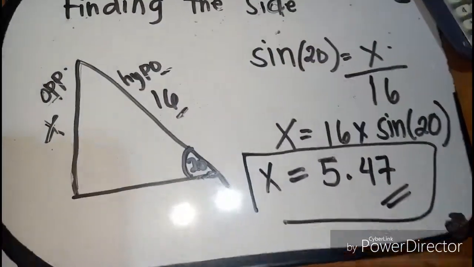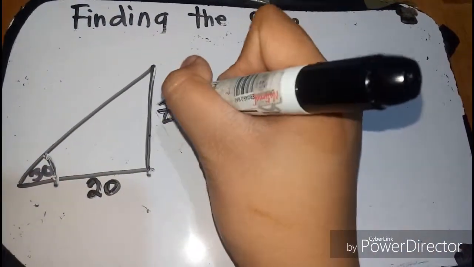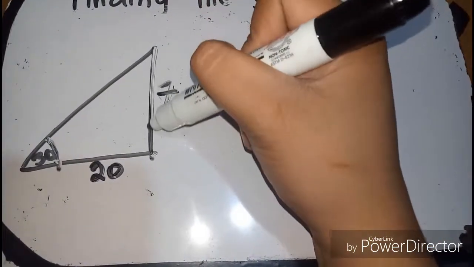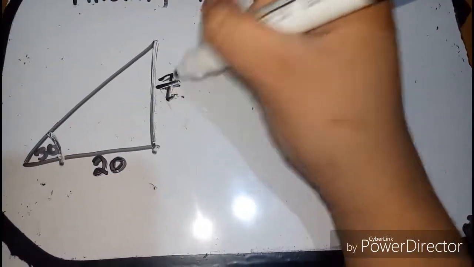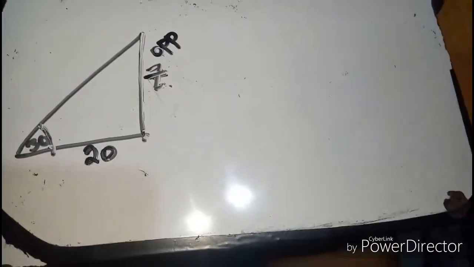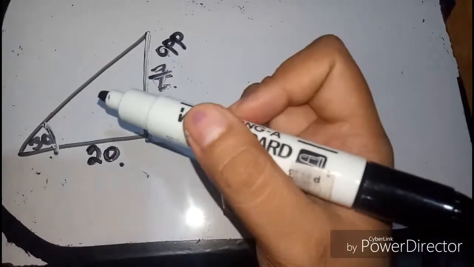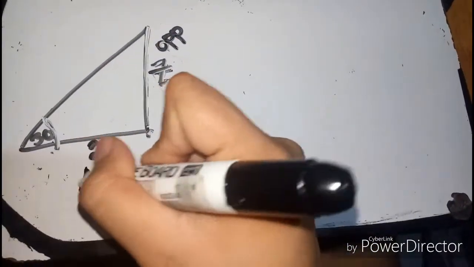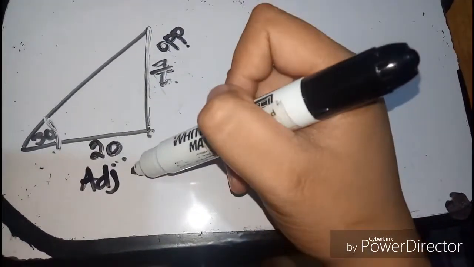Another example is this. This side is opposite to the angle, so our unknown will be the opposite, and this 20 is next to the angle, so this will be our adjacent. So our given has the opposite and the adjacent.